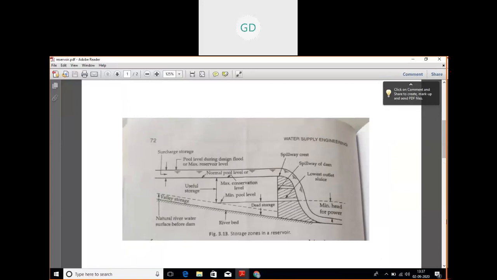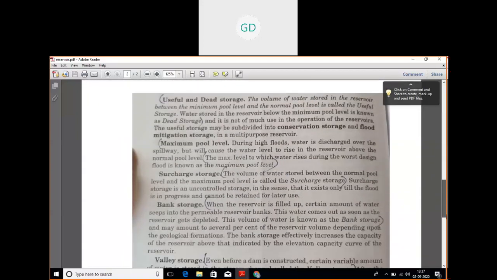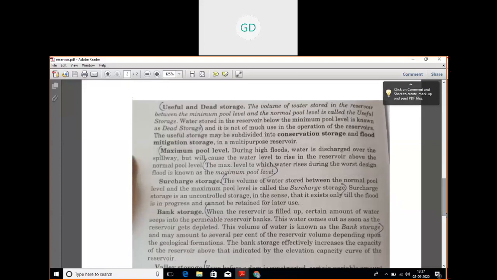For now, you just take a snapshot, because if you draw now, or if you start to write now, it will take a very long time. You write after your class ends. Just take a snapshot. Finish now. Okay, now this one you have taken. Up to bank storage, you take one.